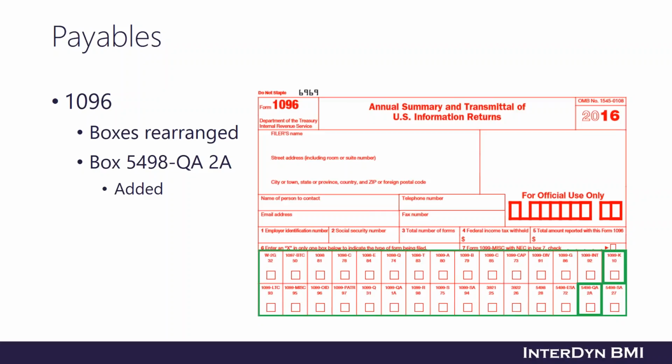They had to add those, so they had to resize the bottom part of the form. Those boxes are smaller this year than they have been. So that's a good reason to justify the year-end update if you're looking for one. If you print these, you don't really want to go without the year-end update.